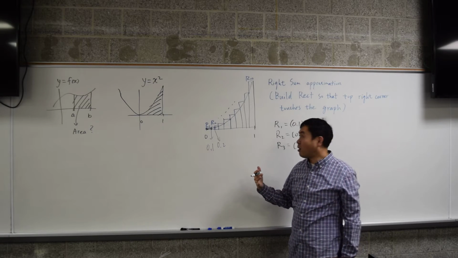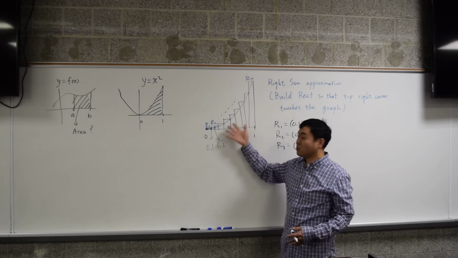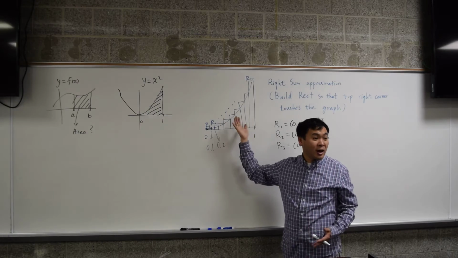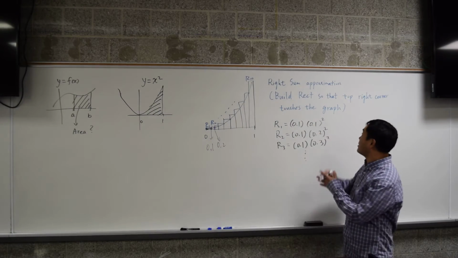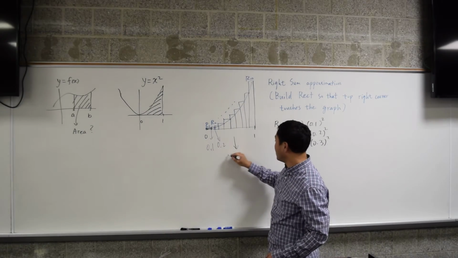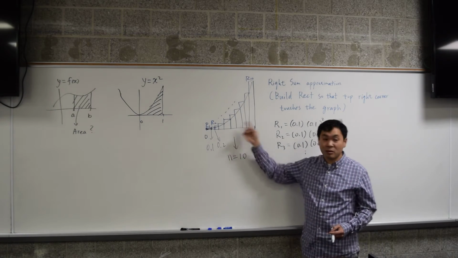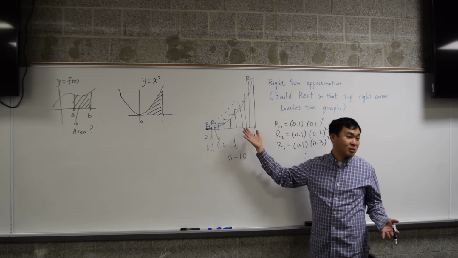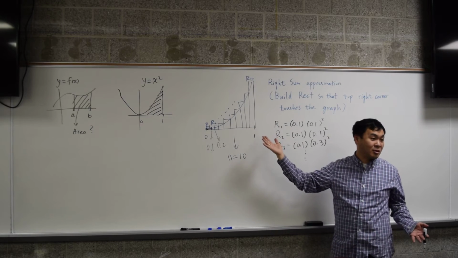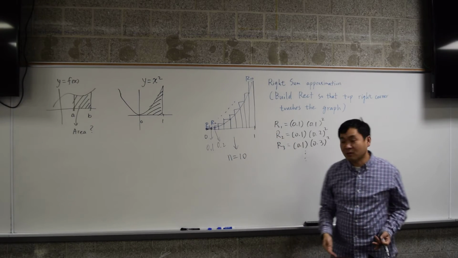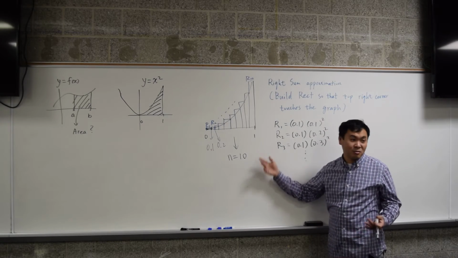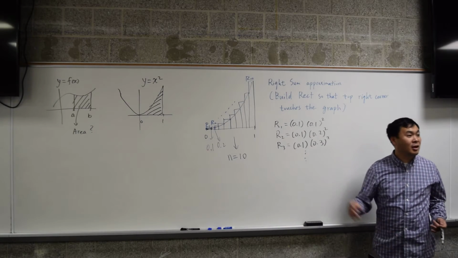Often the question would be something like, use n equals 5, and in this case, it would be n equals 10. So use 10 rectangles and a right sum to approximate the area of the given region. That's how it's given. Yeah, for me, it's easy enough, so I just did this. Any other questions?